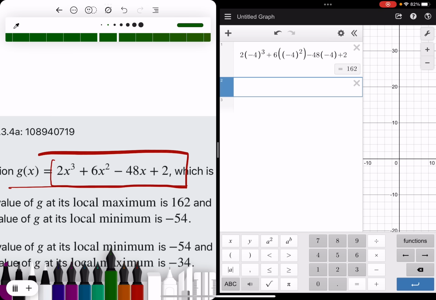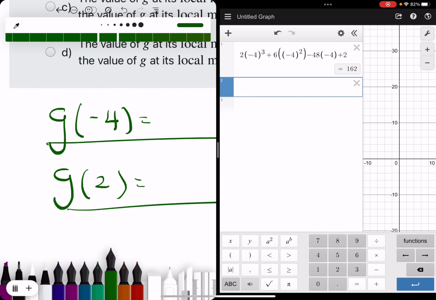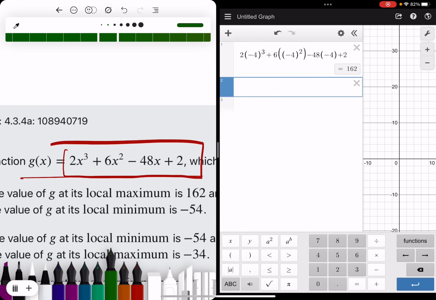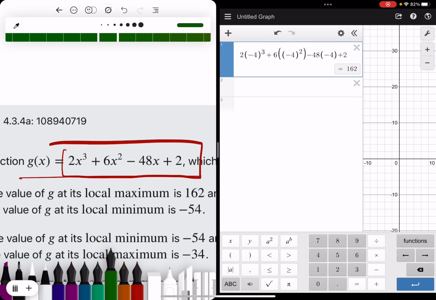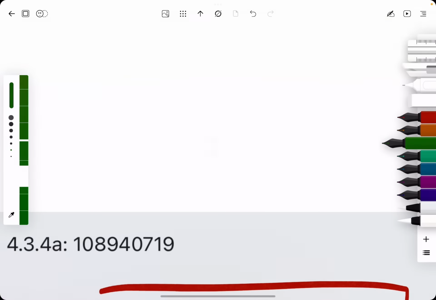So likely that will be our maximum. Now we want to plug in positive 2. I'll replace what we have here, throwing in 2 wherever we had negative 4. And this will give us negative 54.